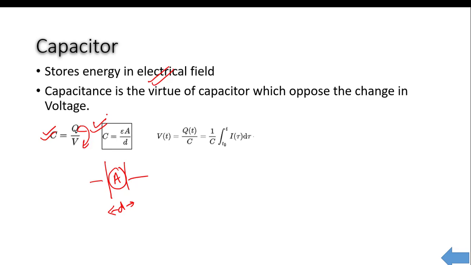If you want to establish a relation between voltage and current in case of a capacitor, what you have to do? You all know that charge Q is related to the integration of I dt, right? So if V is equal to Q by C, you have to replace the Q by the integration. So your voltage across a capacitor will become 1 by C integration I dt.